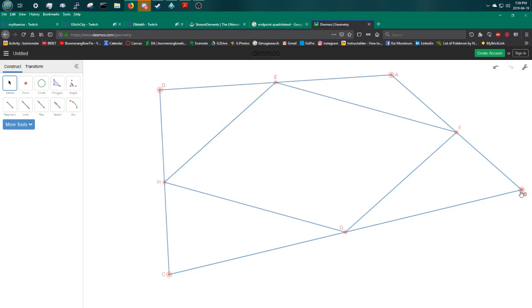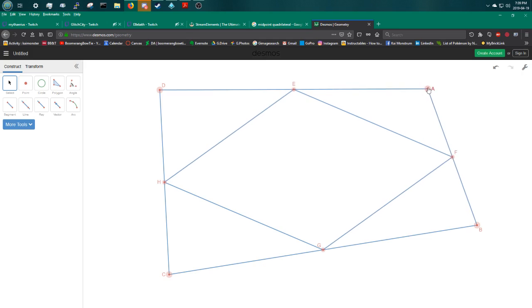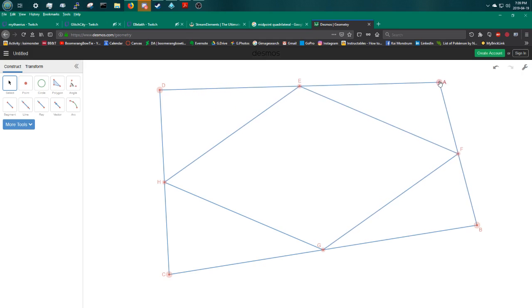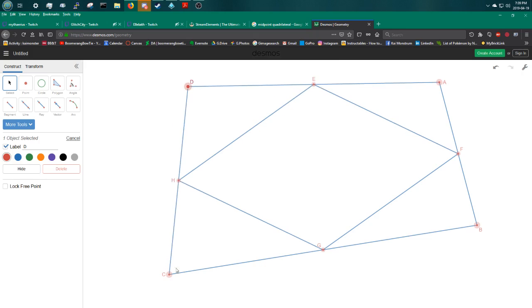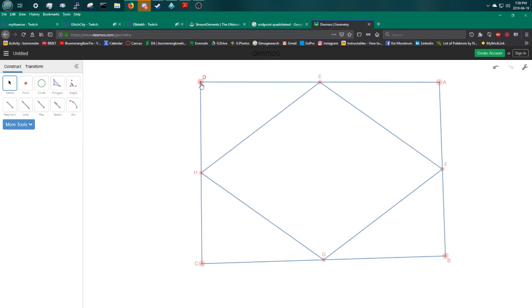Let's see here. And then I have one other thing I want to talk about. Let's take a look at some of my conjectures. I'm going to take a look at my conjecture about the triangles because there's something interesting about those.